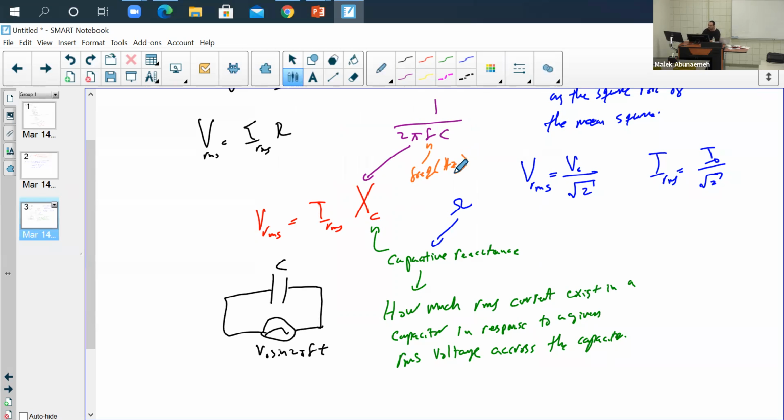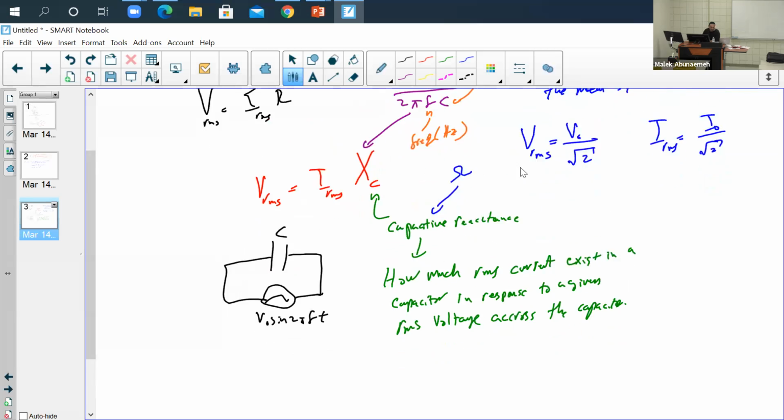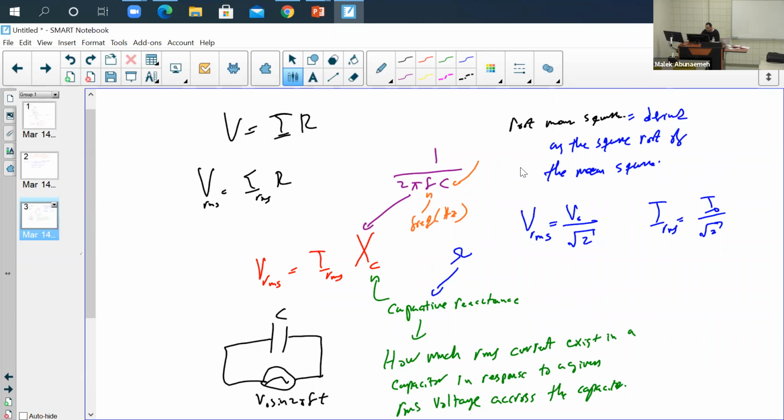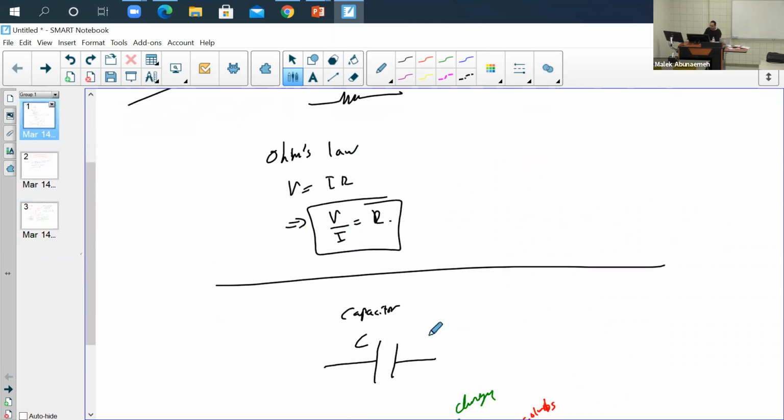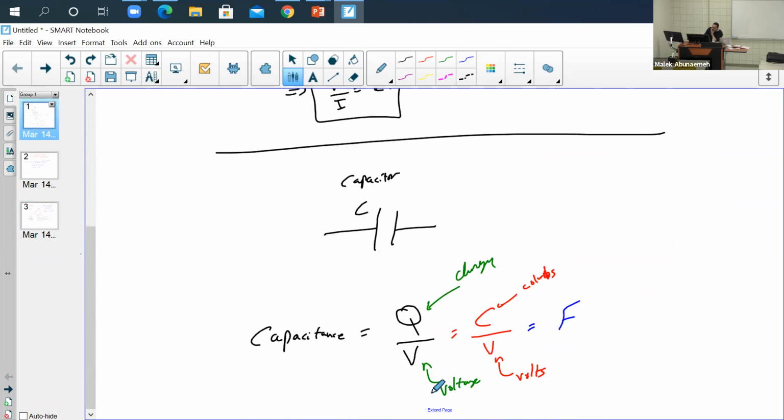C is your capacitance, which again we defined over here as your charge per volt, which is your coulombs per volt, which is your farads.